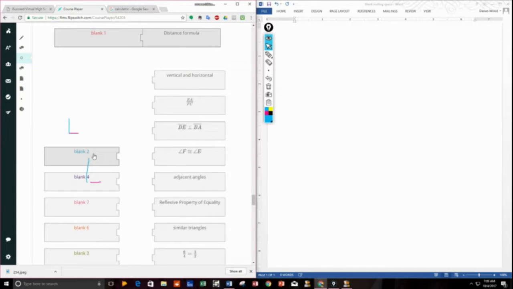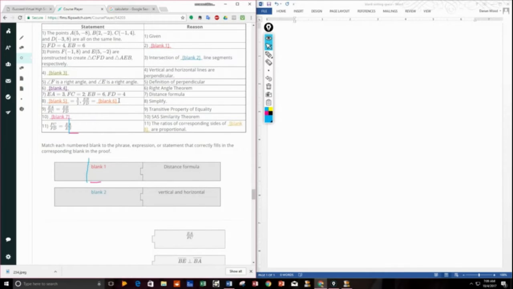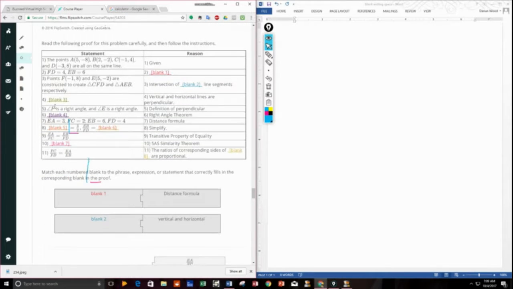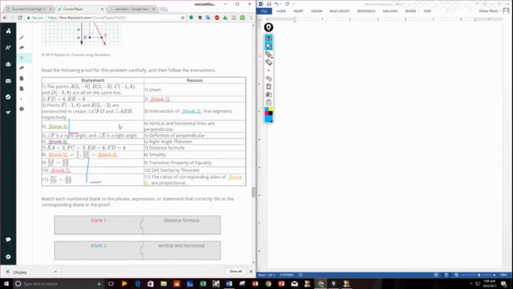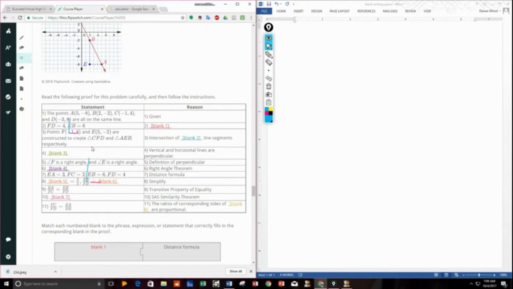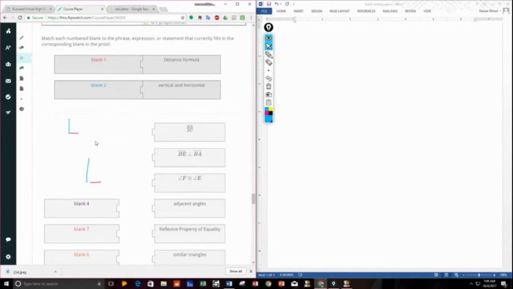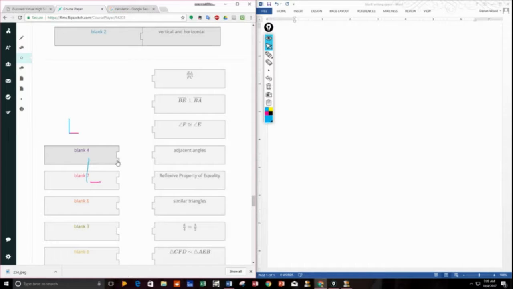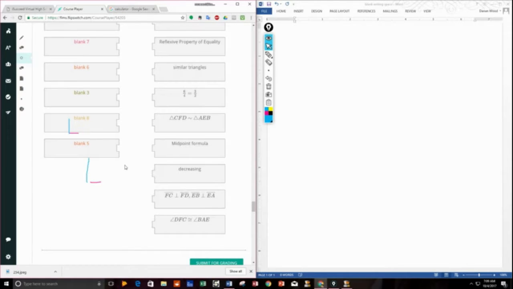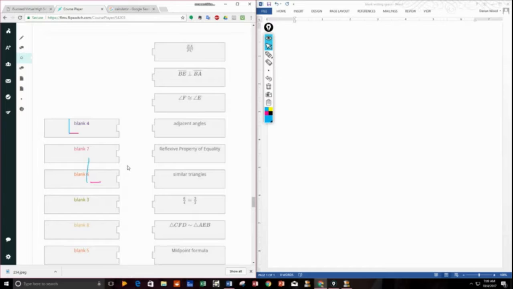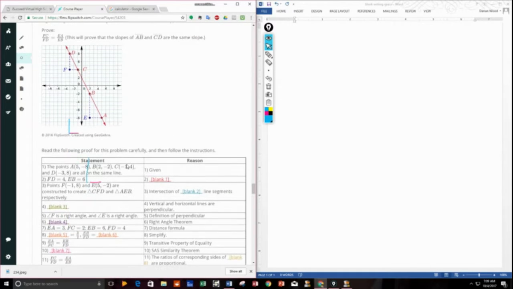So blank 2, we're looking for vertical and horizontal line segments. So blank 3, we have to figure out what they're saying here, and the reason is the vertical and horizontal lines are perpendicular. So we're going to look for FC perpendicular to FD.